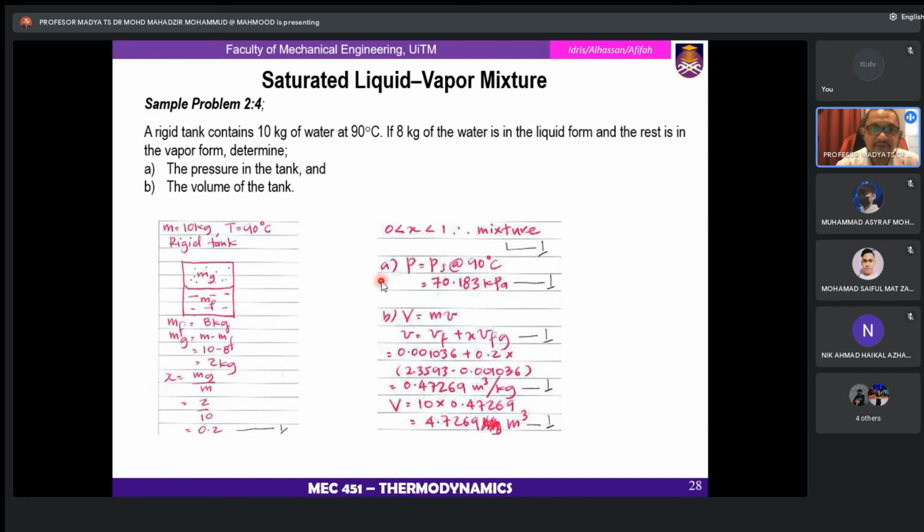So if you want to find the pressure in the tank, what you must do is open the properties table for water and find 90 Celsius.